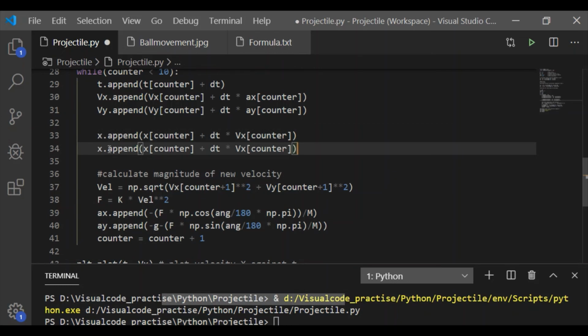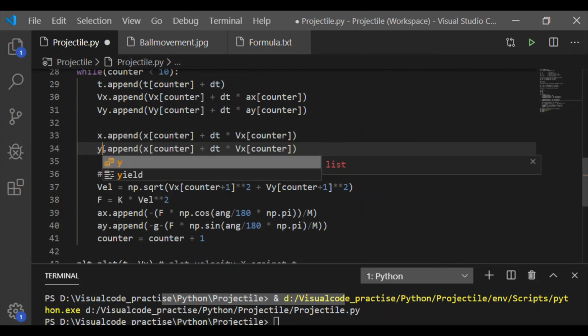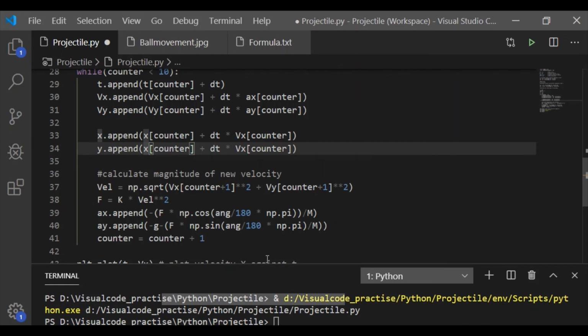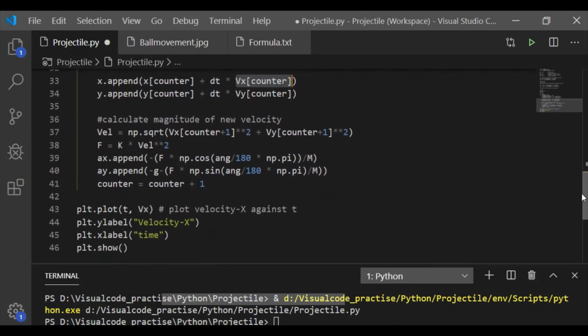Similarly, the y value is appended to the y list, which is calculated as delta t multiplied by the velocity along the y-axis. Now we have got the range of x and y values for every change in velocity.